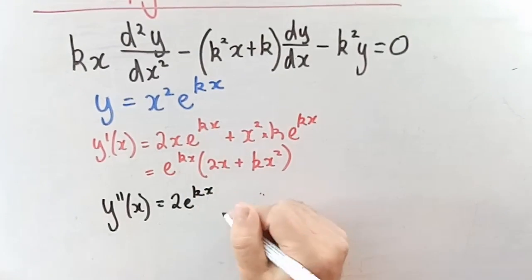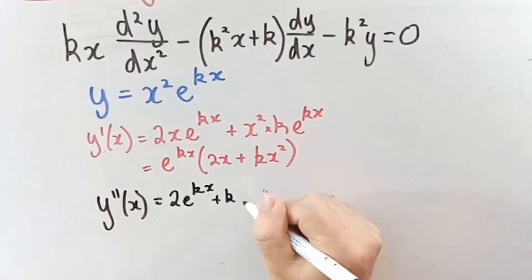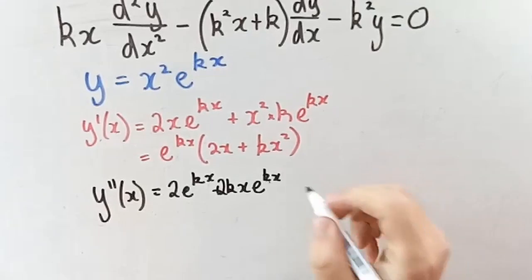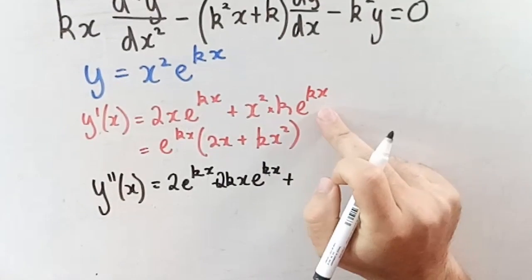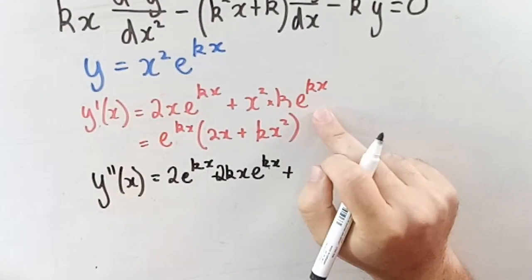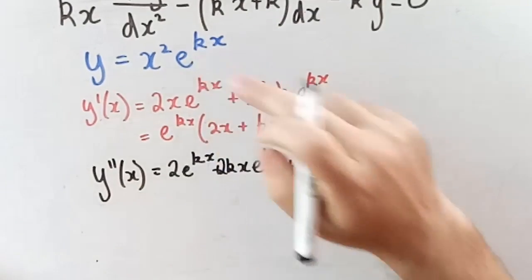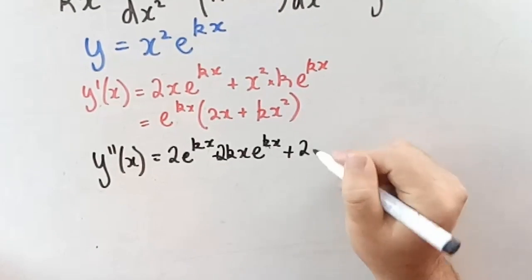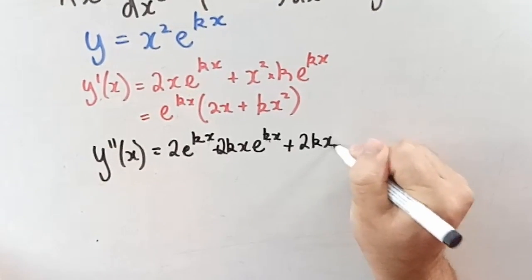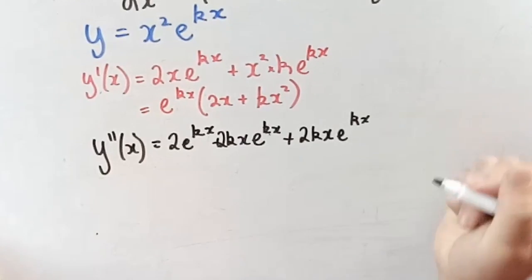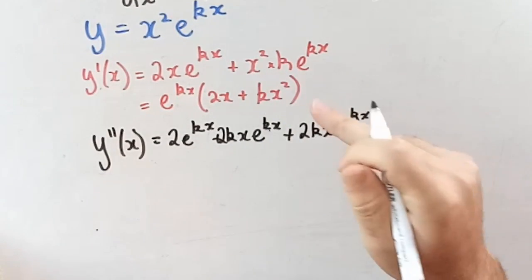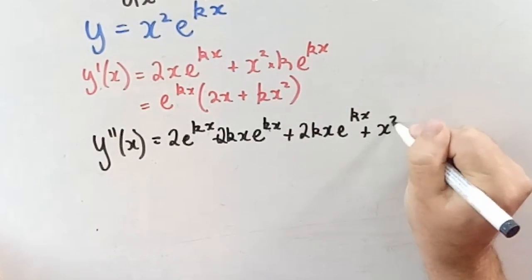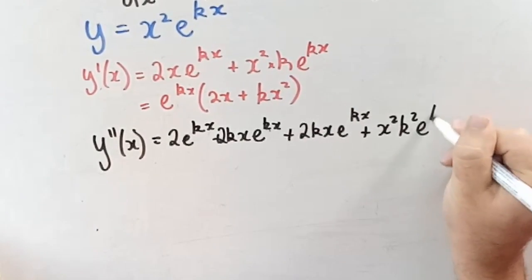Now the derivative of this one: plus 2kx e to the kx, plus the derivative of this one. The derivative of this one is the same as the derivative of the last one with a k out the front, so I get 2kx e to the kx. That's the derivative of the x squared times that, plus the derivative of this one, so I get x squared k squared e to the kx.